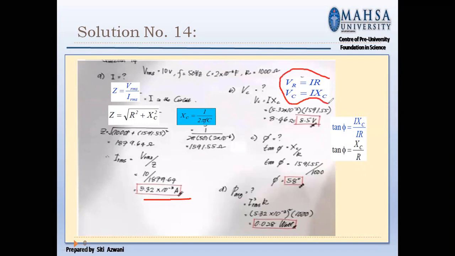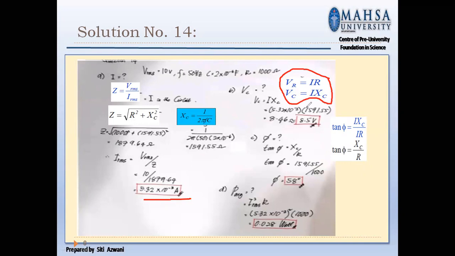If you want to calculate the voltage across the resistor, it is equal to IR. If you want to calculate the voltage across the capacitor, the formula is IXC. So here you want to calculate the VC, formula IXC.